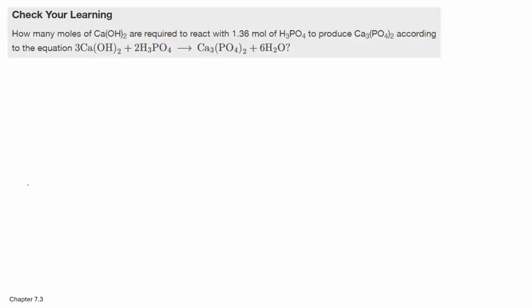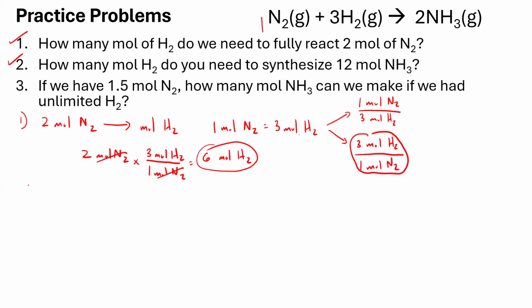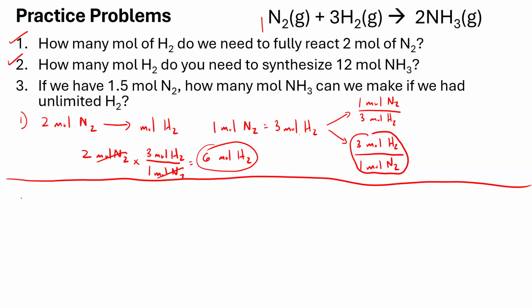Let's do number 2 now. I'm going to draw a line to separate us. All right, number 2. It says, how many moles of H2 do you need to synthesize 12 moles of NH3?